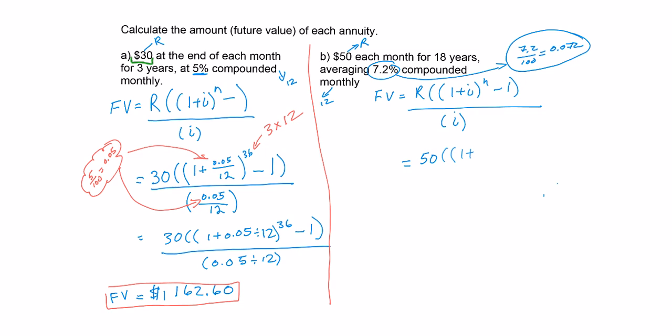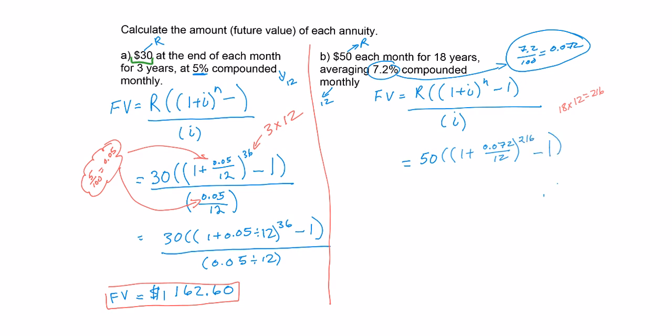1 plus 0.072 divided by 12 raised to the, well, 18 times, well, our compounding number is, oh my gosh, 12, which ends up being 216 is what's going into my exponent.